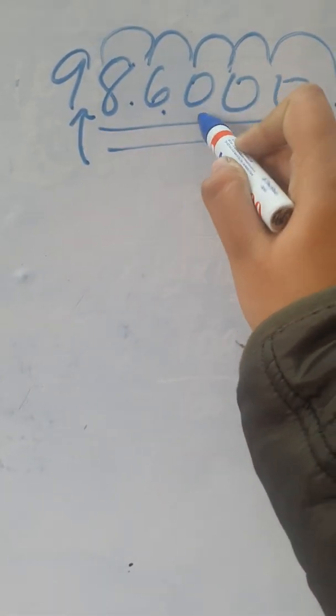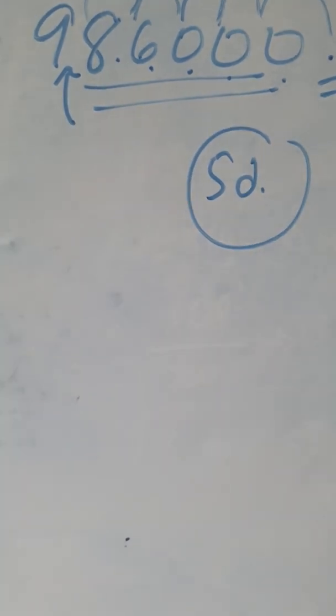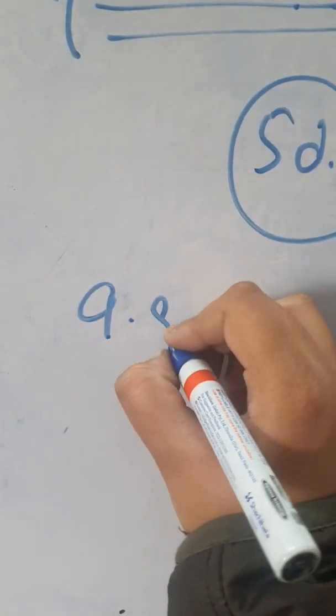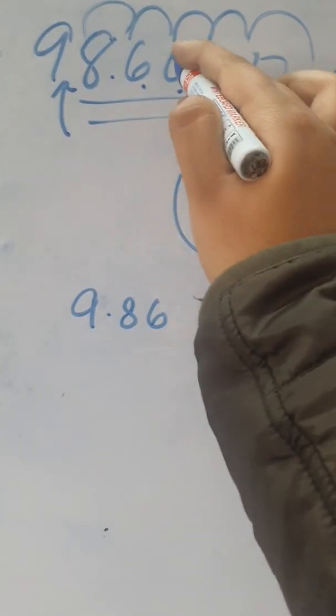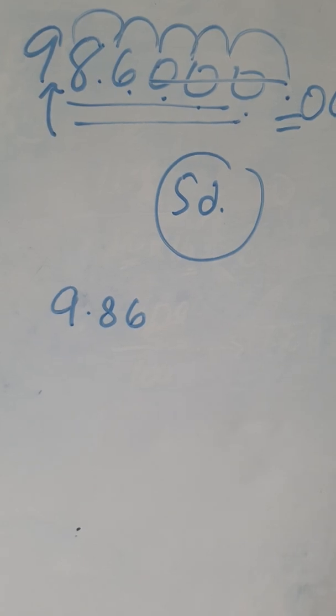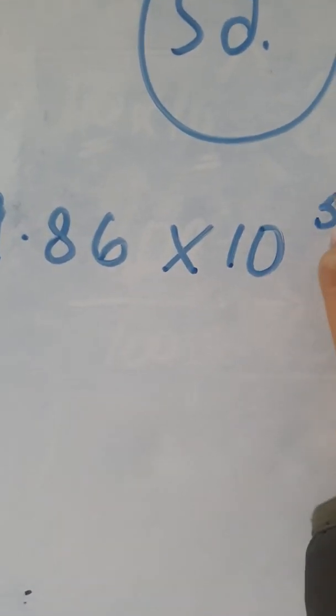So it has to be 986000. That makes it 5 digits. So that means 9.86. We'll not write the zeros as I told you earlier. It makes no difference as such. 9.86 into 10 to the power 5.